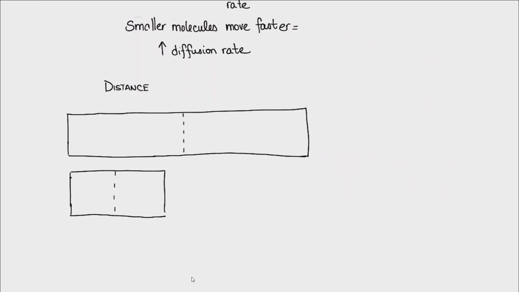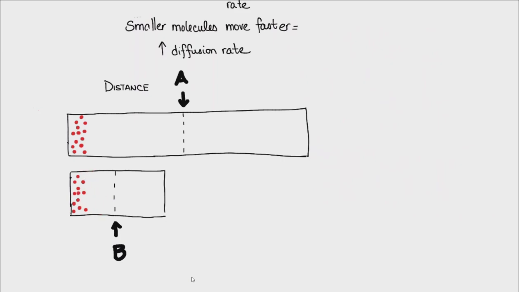I'm going to go ahead and put the same concentration of dots on the left-hand side of each compartment. Which line do you think they're going to cross first, A or B? If you said B, you're correct.